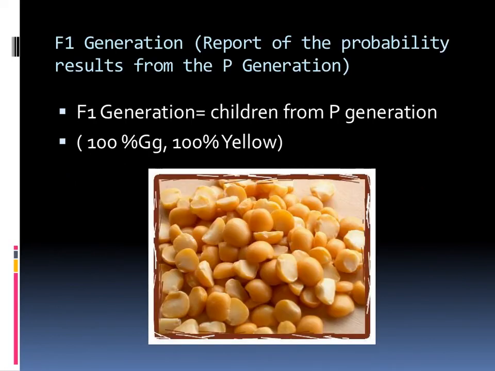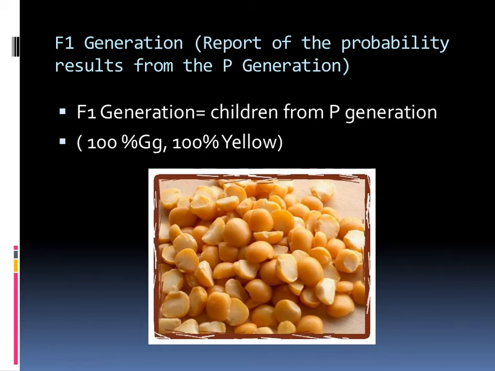So the next problem is the F1. The F1 generation does not require a Punnett square. You are simply just reporting back the probability that you got from the P generation. So again, it's a simple repeat.